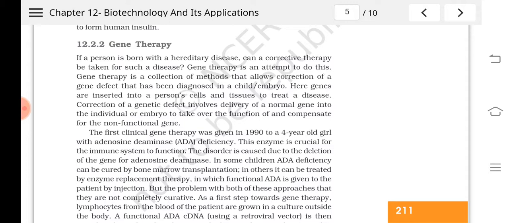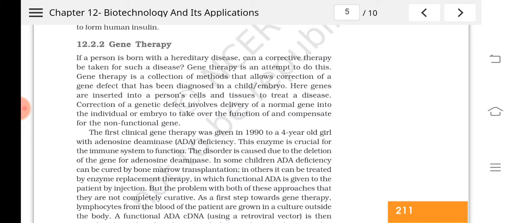If a disease is caused by the deficiency of a particular protein, or a product of a gene, and that gene is defective, and we are able to add a normal gene, then that normal gene will start producing the product which is required to be functional.